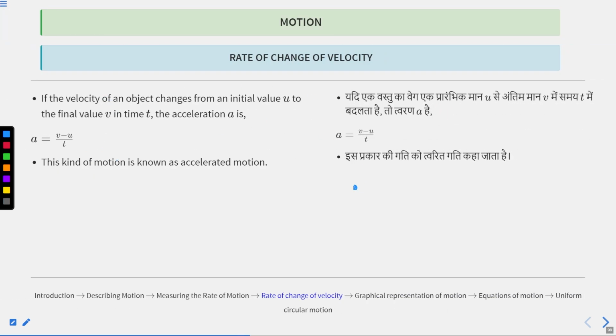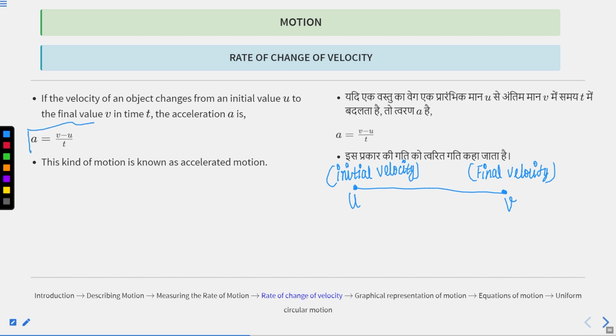So let's assume that the initial velocity is u and the final velocity is v. Final velocity minus initial velocity divided by time t is known as acceleration.